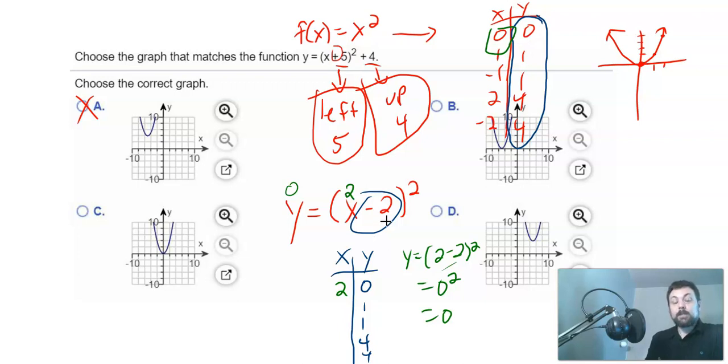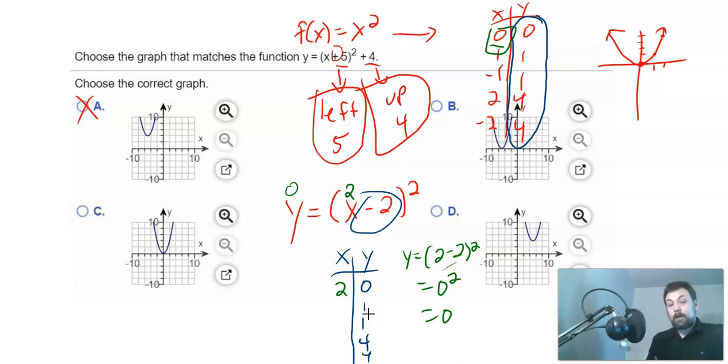But with the minus 2 here, I have to make a choice of x being positive 2 in order to stay at 0 for y, which is 2 more than the original choice for x. 2 to the right, right?